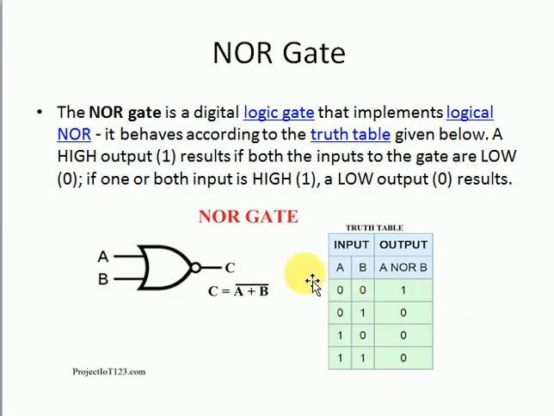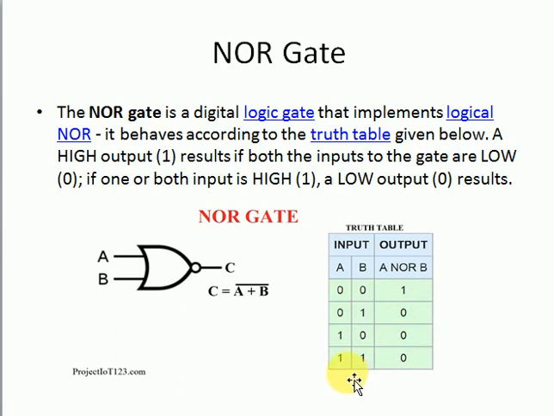You may see it. When AB is 0, 0, the output is 1. When AB is 0, 1, the output is 0. For 1, 0, again 0, and for 1, 1, again 0. It means when both inputs are low, the output is high, but if any of the inputs is high, the output is low.